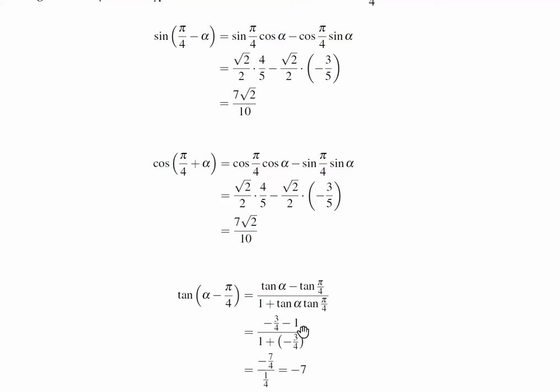So 4 minus 3 gives us 1, and then 1 over 4 downstairs. Upstairs is negative 3 over 4 minus 4 over 4, so we then have a negative 7 over 4. We cancel denominator 4. We have a negative 7. All right. Okay. I'll see you next time.